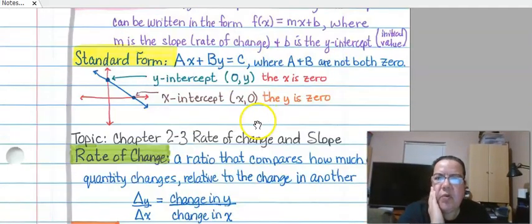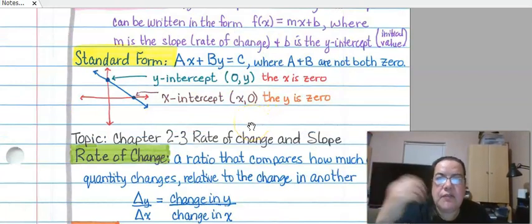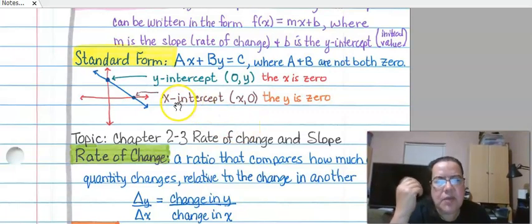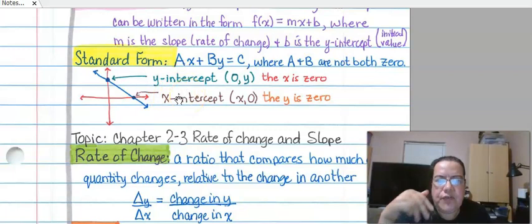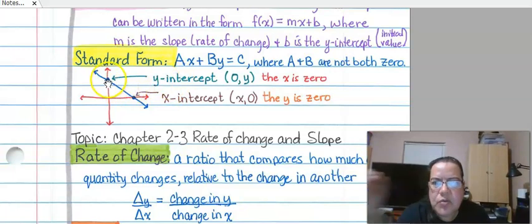So two important characteristics of an equation is you most of the time will have some kind of y-intercept and an x-intercept. Now, to find these, you just need to find where the opposite is zero, right? So to find the y-intercept, in other words, where does it cross the y, you're going to see that at that point the x value is 0, and y is whatever number, let's say it went up 5 or 6 or 7, whatever.